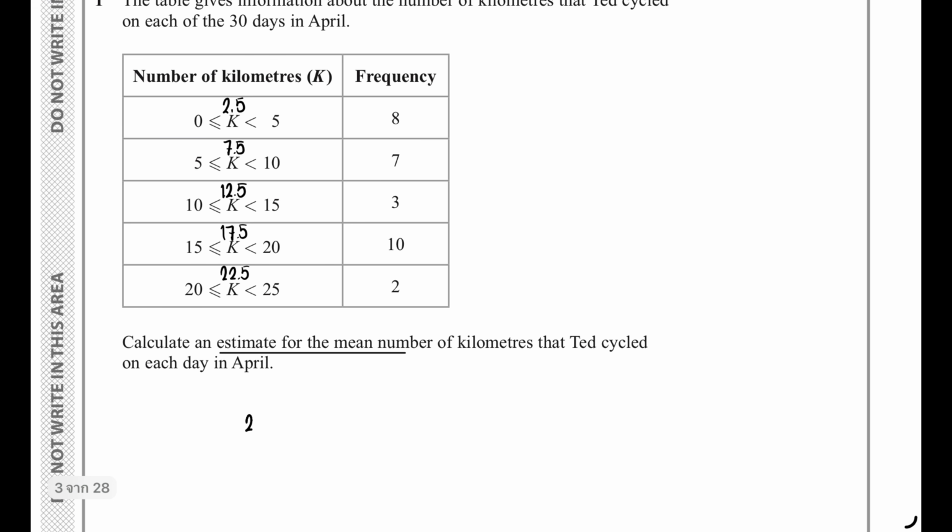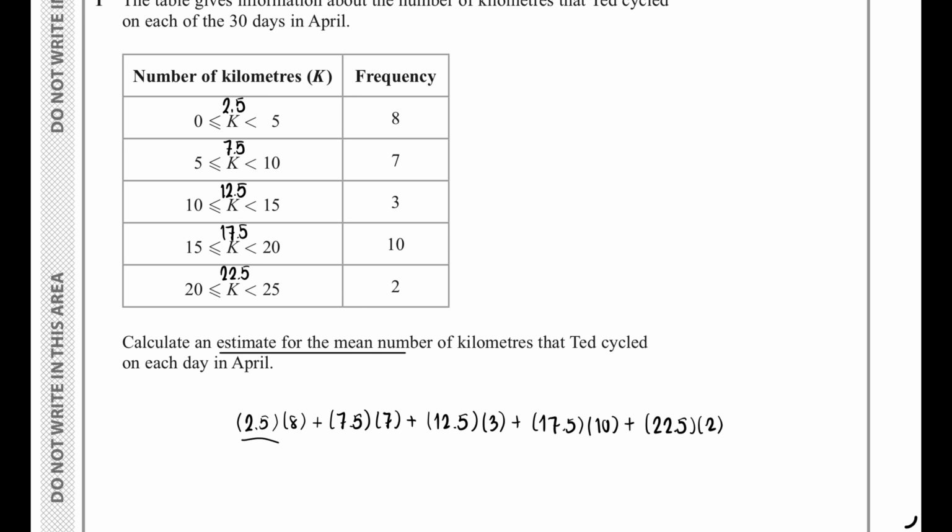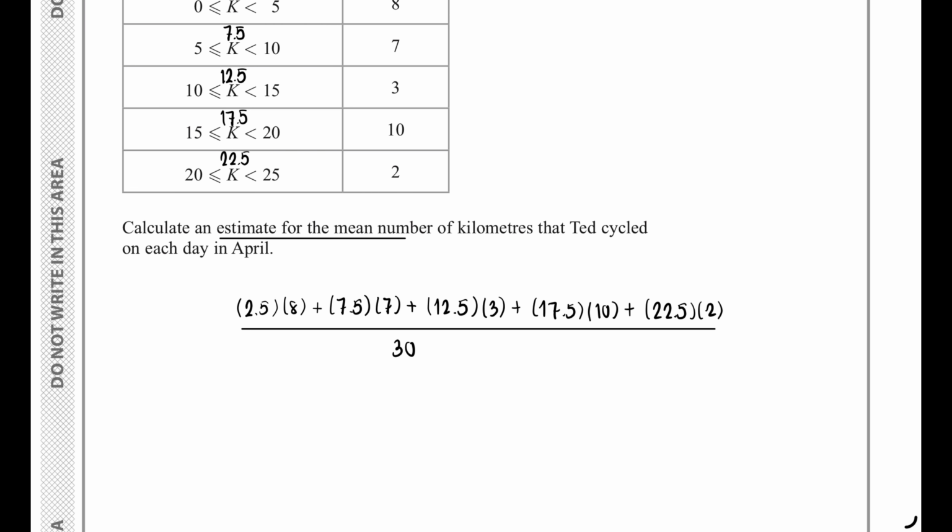So we have 2.5 times 8, plus 7.5 times 7, plus 12.5 times 3, plus 17.5 times 10, plus 22.5 times 2, divided by the total frequency, which is 30.